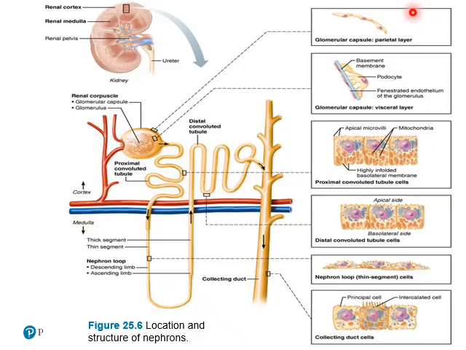It is cup-shaped. It is a hollow structure surrounding the glomerulus, and this Bowman's capsule here is made up of two layers. It is actually made up of simple squamous epithelium. You could see how fragile it is, but it is made up of the parietal outer portion of simple squamous epithelium and an inner visceral layer.